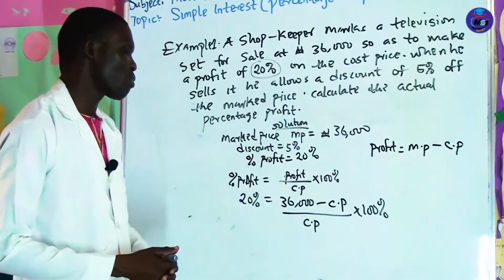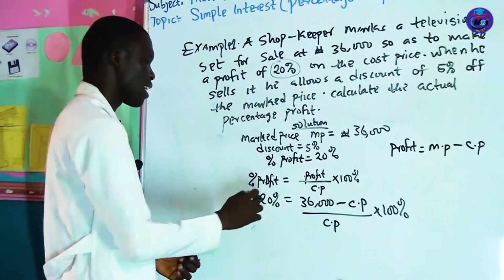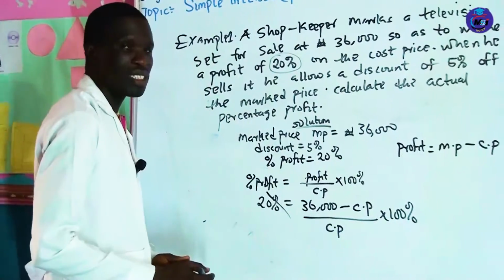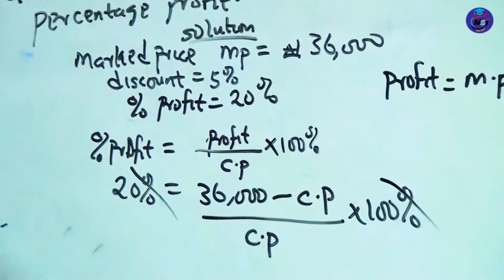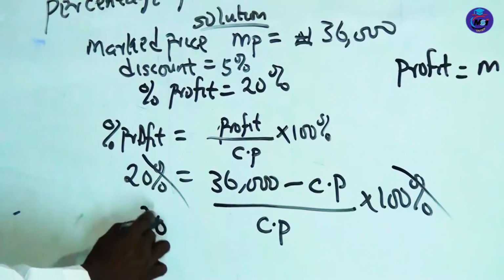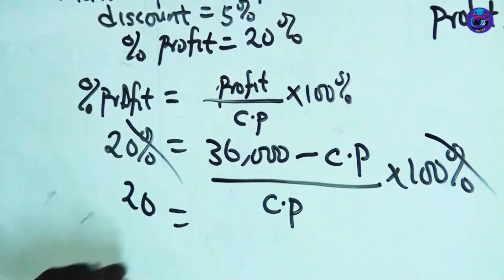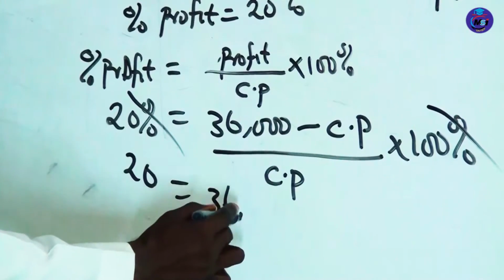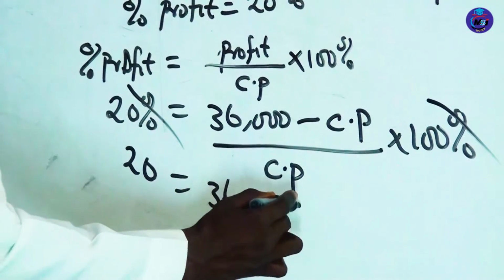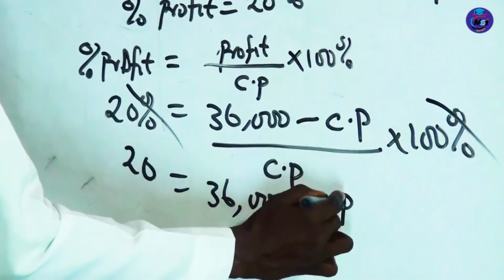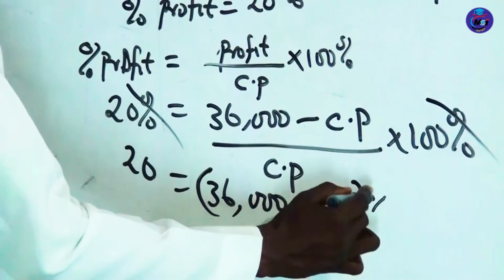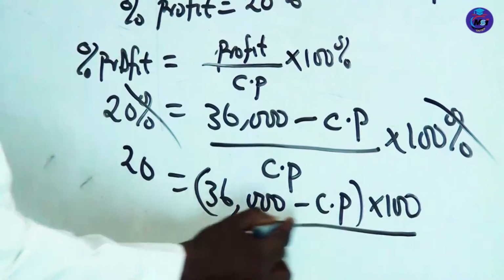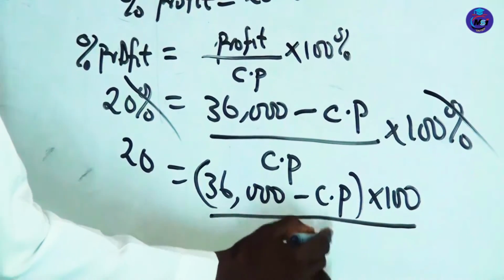So we apply this formula. Now, something will happen here. We cancel this percentage. We are left with 20 equals 36,000 minus CP, which is cost price, multiplied by 100 divided by cost price.